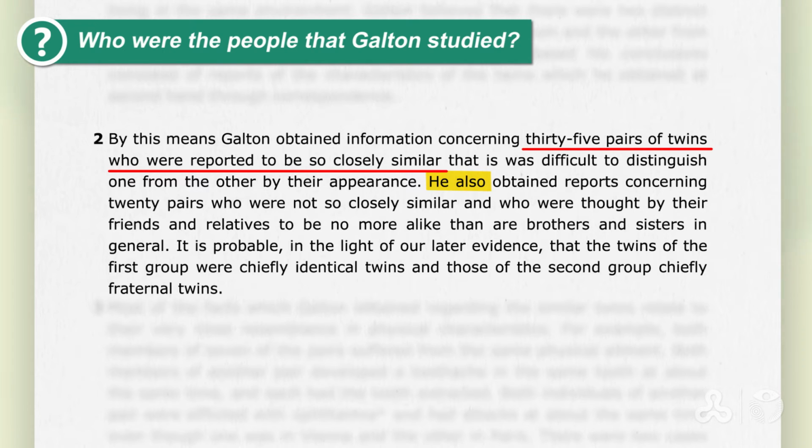So besides twins that were similar, he also got information about 20 pairs who were not so closely similar. Okay? So we have also pairs that were not similar. כלומר, הוא חקר תאומים שהם מאוד מאוד דומים, והוא חקר תאומים שלא היו כל כך דומים.